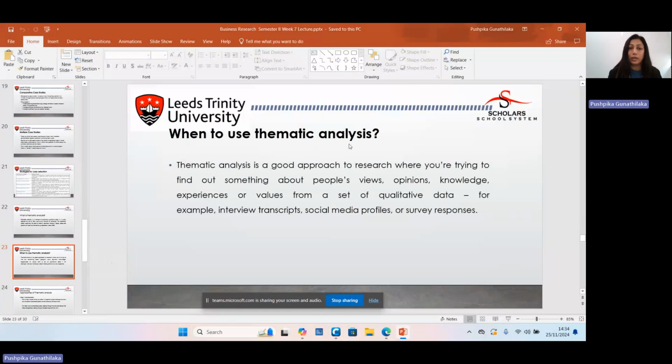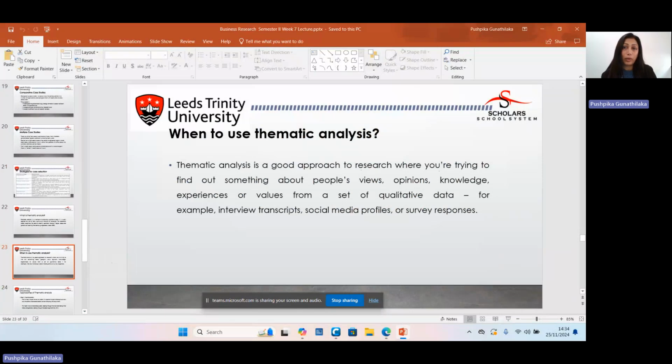You have to conduct thematic analysis when you want to analyze qualitative data. Thematic analysis is a good approach to research where you are trying to find out something about people's views, opinions, knowledge, experiences, or values from a set of qualitative data.